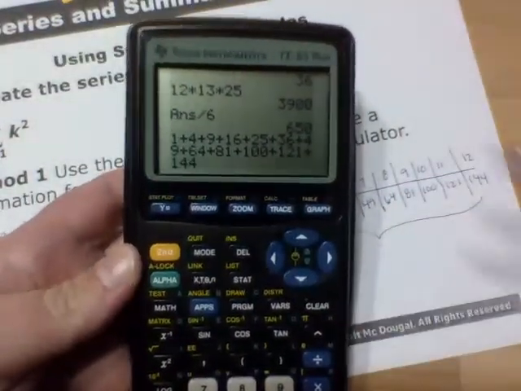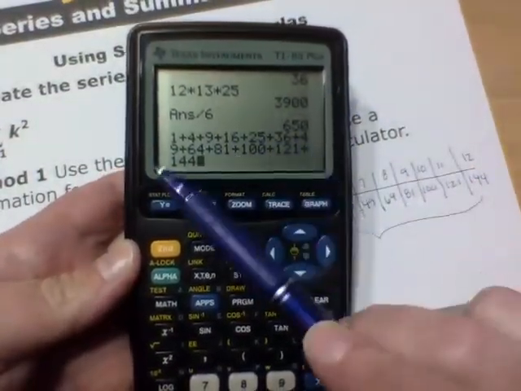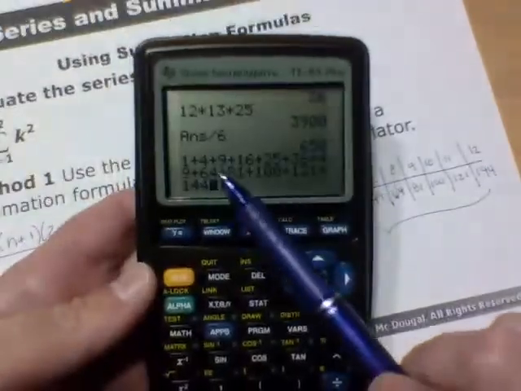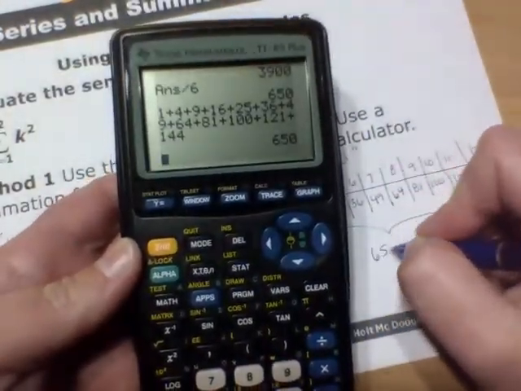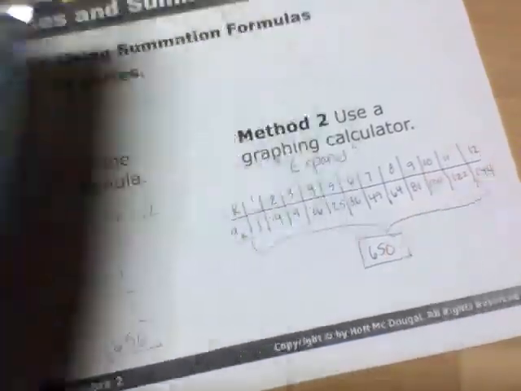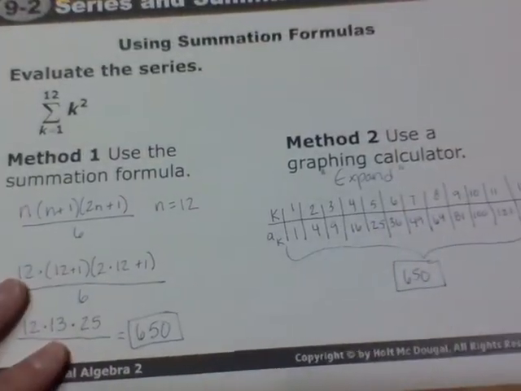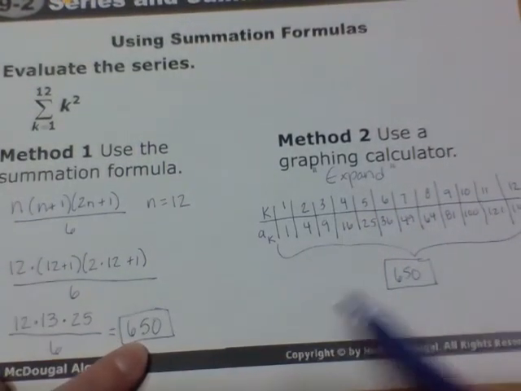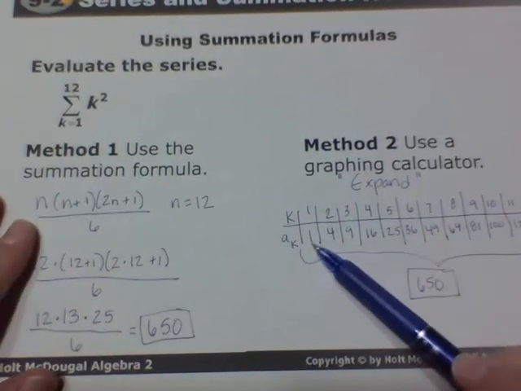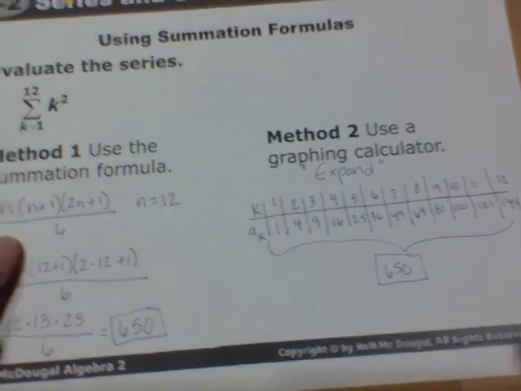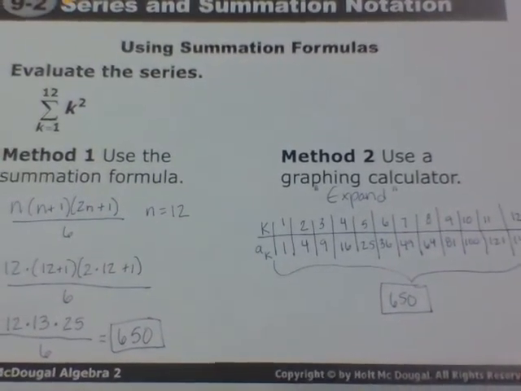All right, so let's double check. 1, 4, 9, 16, 81. Okay. So all of those is 650. And so you can kind of see how accidentally mistyping one of these is going to be a lot more significant than just multiplying these 3 digits here rather than adding all 12 of them. So definitely an easier method.